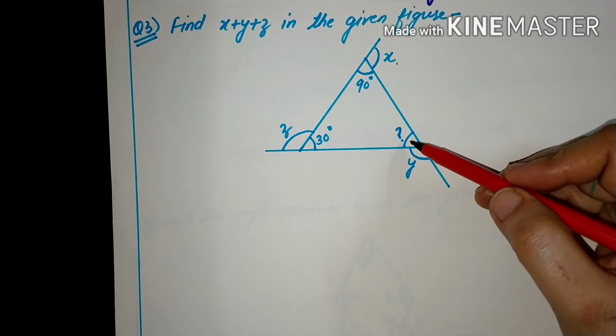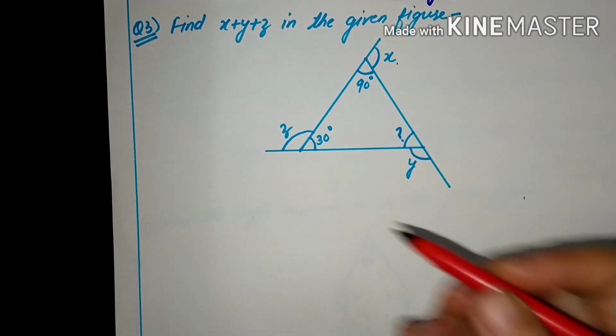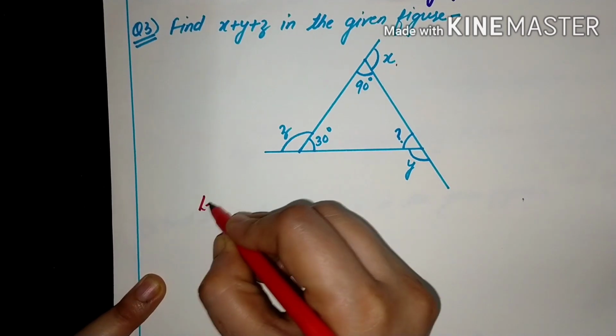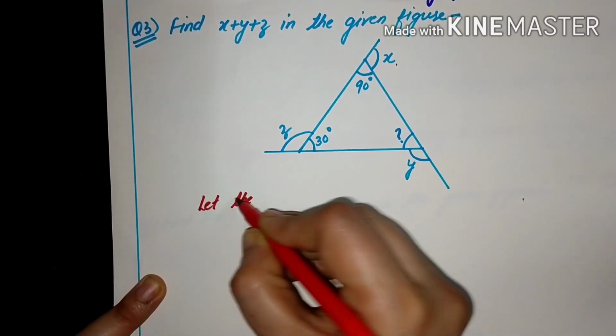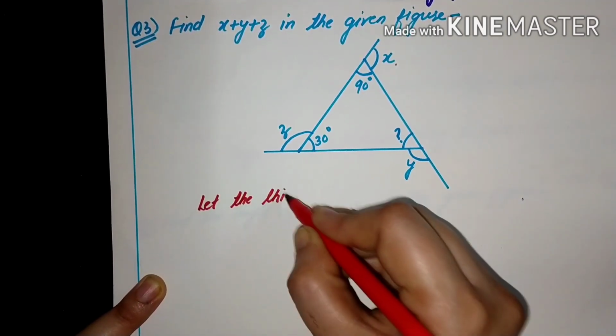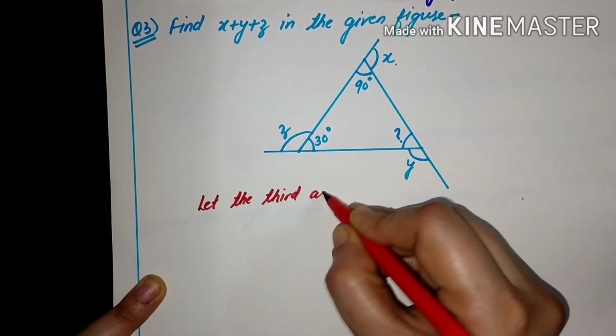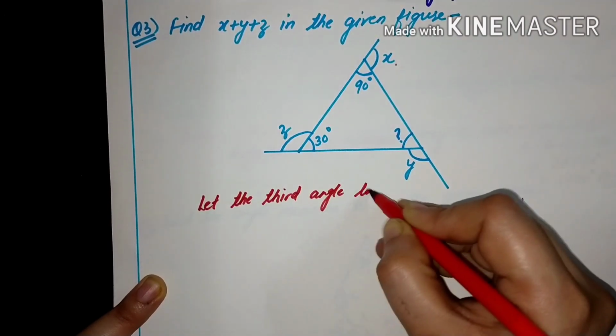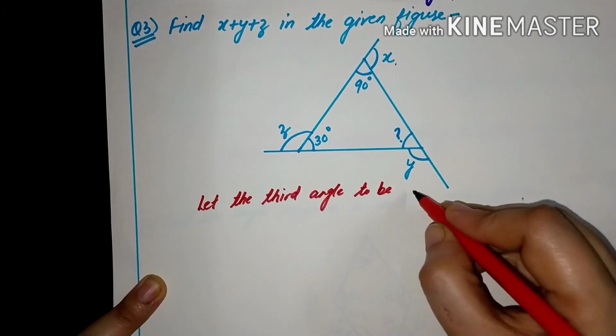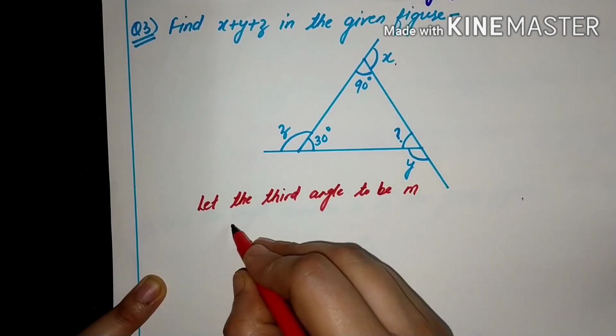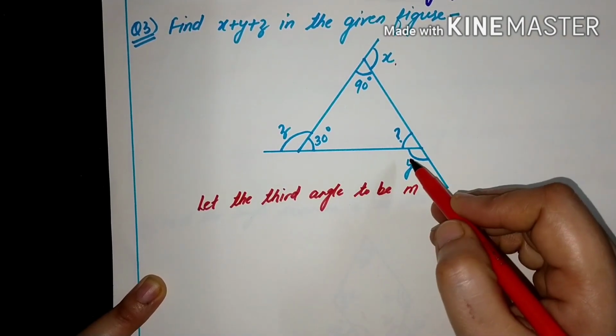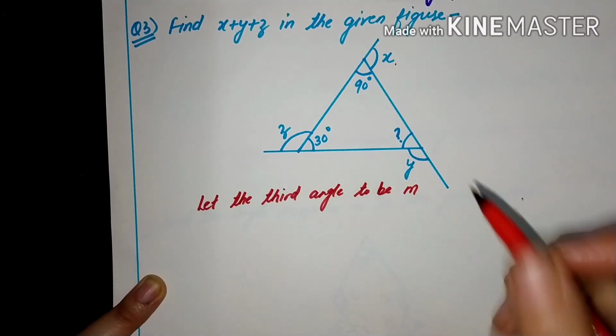So we will let the third angle be a variable like m. Now we will use the angle sum property to find out the third angle first.